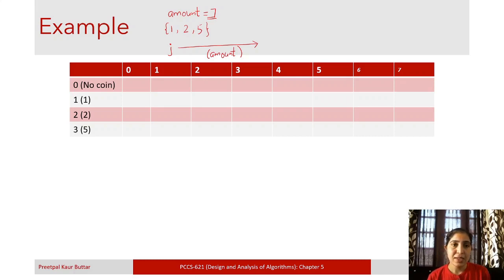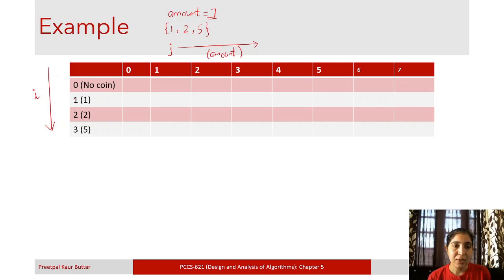Similarly, on the vertical axis, let us say we have the variable i. Here also, although we have 3 coins, we have 4 rows. The first row is 0, that is, it stands for no coin, when we do not have any coin.